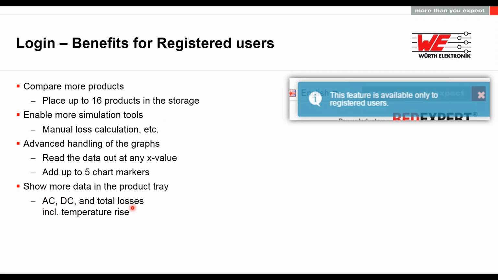And AC and DC losses, total losses, temperature rise, all these are extra parameters that one can see as a registered user. If a particular attribute has limited access and is only available for a registered user, you will get a pop-up saying this feature is available only to registered users.